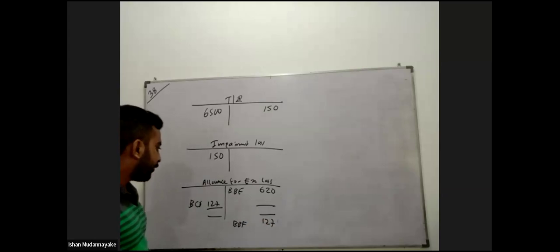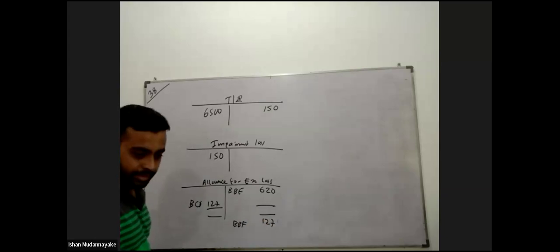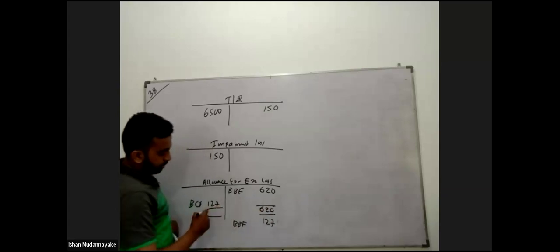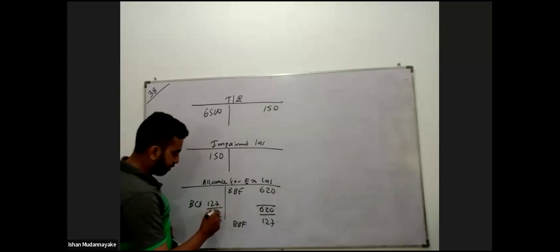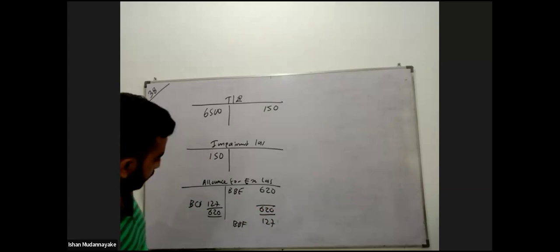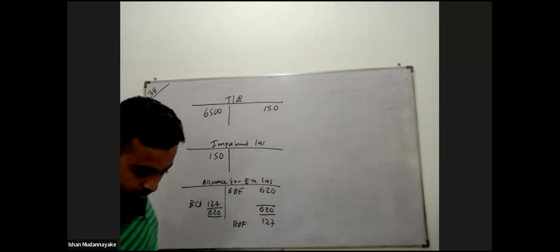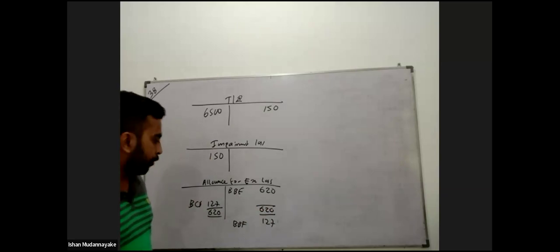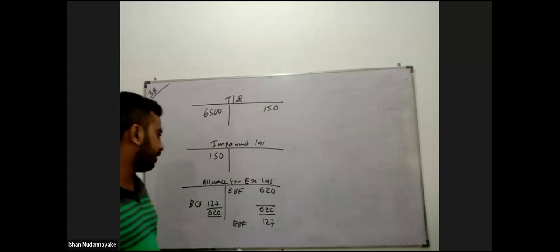Now the difference in the expected loss account you can transfer to impairment loss. Higher side, credit side 620, transfer debit side. 620 minus 127, the difference is how much? 493. What's the double entry of the 493?